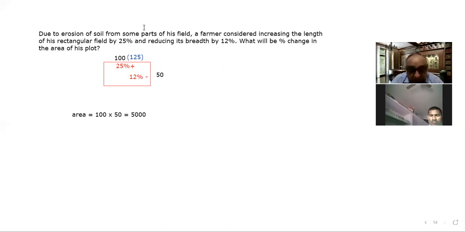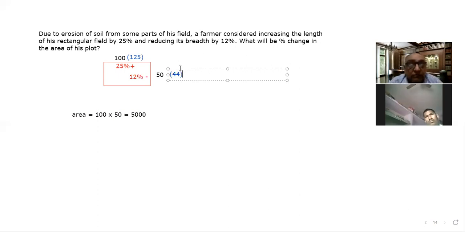Now if it is 12% of 50, then 6 units will fall, so the breadth would remain 44, because 6 units would be reduced.